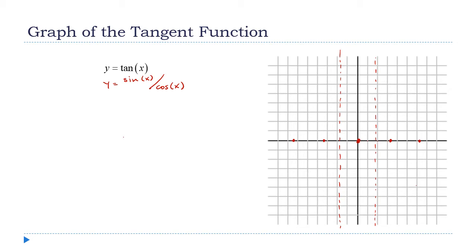This is 3 pi over 2 and negative 3 pi over 2. So let me label these. X equals pi over 2, 3 pi over 2, and then the negatives. Negative pi over 2 and negative 3 pi over 2.